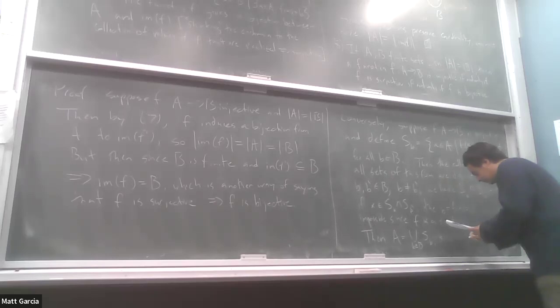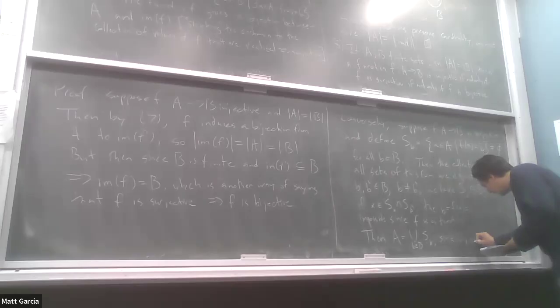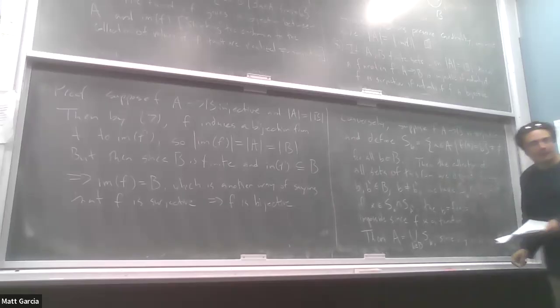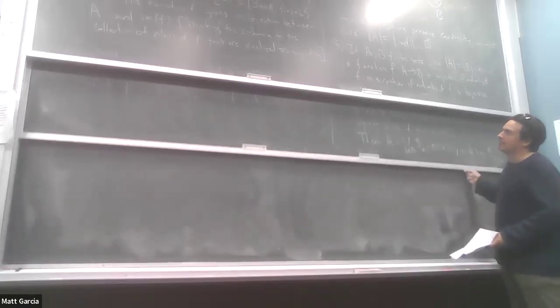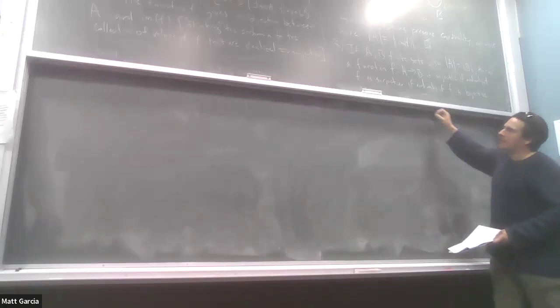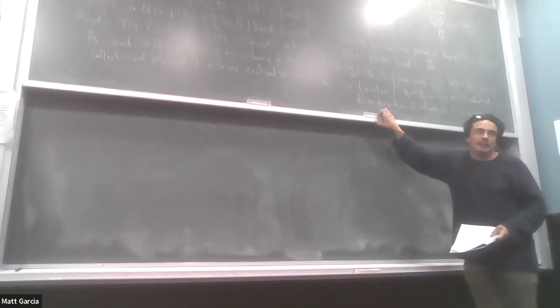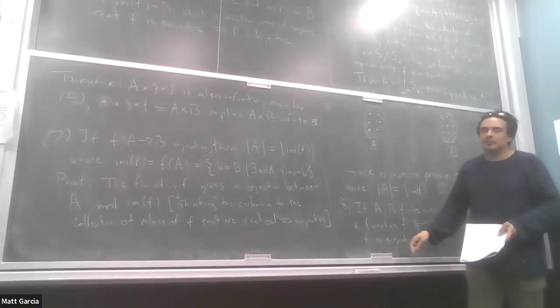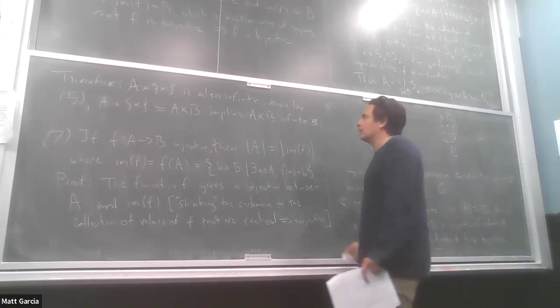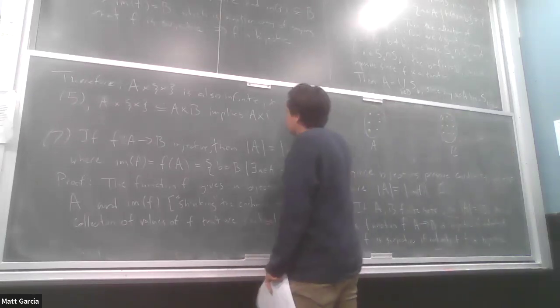Since any a in A lies in S sub f of a. What is the conclusion of the last three things that I said? I have a collection of non-empty subsets of A, which are pairwise disjoint, whose union is all of A. What does that mean?